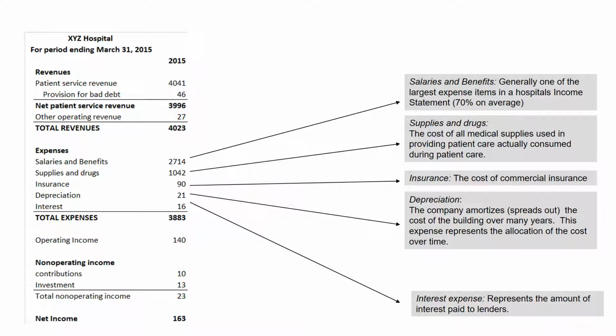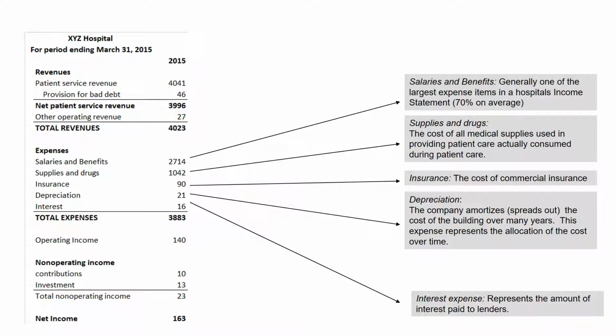As I stated earlier, depreciation is what the company amortizes, or spreads out, when they spread the cost over many years for a building. This represents the allocation of the cost over time. It's not the actual buying of a building within that quarter. And then last, we have interest expense.